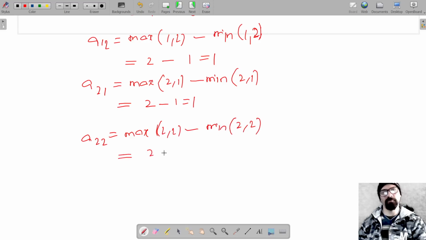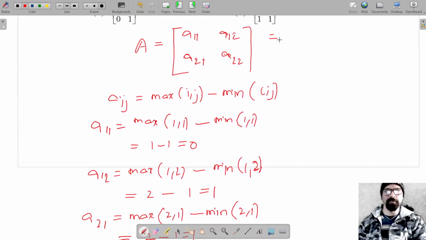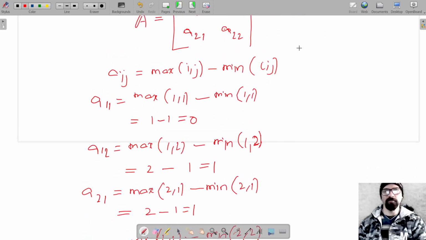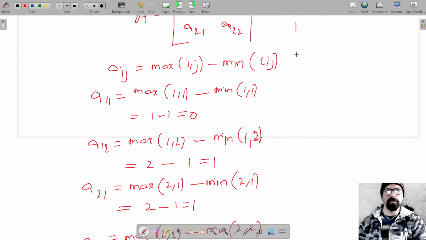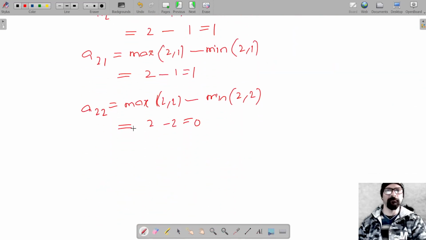So max out of 2, 2 is 2, minus 2 is equal to 0. Okay, let's put in the elements. a11 is 0, a12 is 1, a21 is 1, a22 is 0. So this is the matrix A.